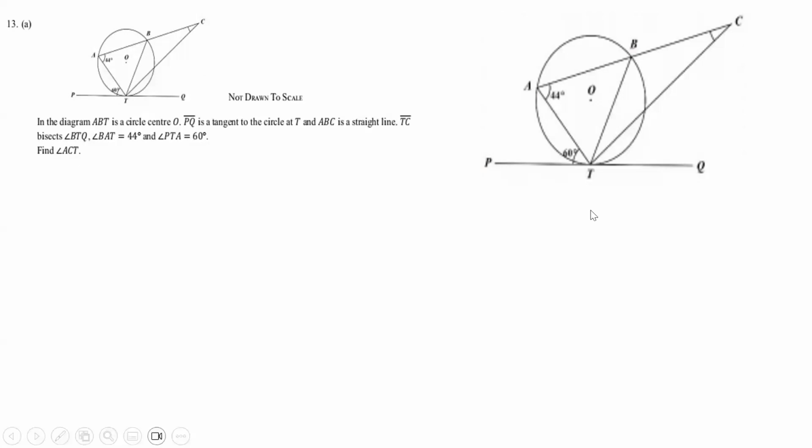Let's see all the information here. We are told a vital piece of information: the line TC bisects angle BTQ.